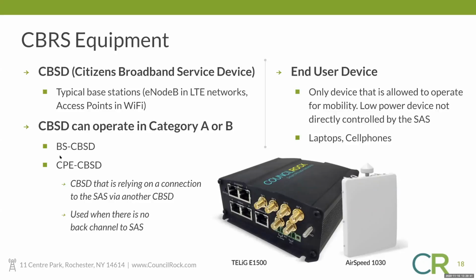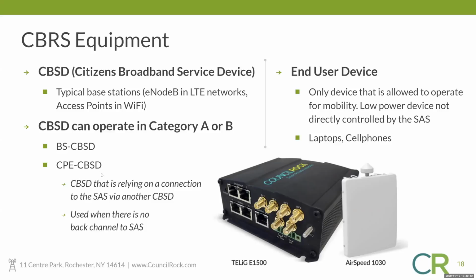And then there is another definition, a CPE CBSD device. And this is a definition because CPEs are not end user devices. A CPE CBSD is actually like an end user device, but it's transmitting at higher power, maybe 1 watt or anything above 23 dBm, and is going to be considered a CPE CBSD.